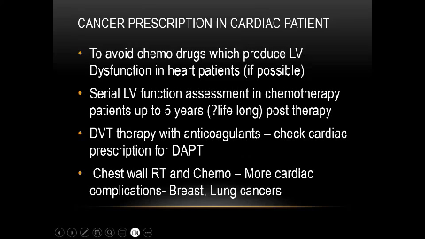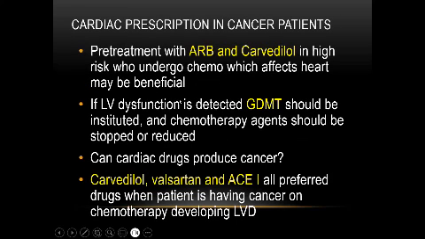With DVT therapy and anticoagulants, when the patient is already on them due to cancer itself, check the cardiac prescription for whether the patient has additional dual antiplatelet drugs, because anticoagulants will increase bleeding. On the heart side, the patient is taking DAPT. Chest wall radiotherapy and chemotherapy will have more cardiac complications, like in breast and lung cancers. For breast and lung cancer, when they give radiotherapy, there is increased incidence of cardiac disease.